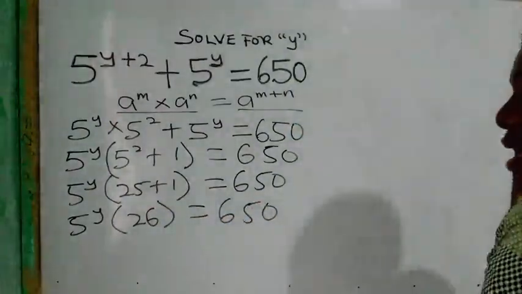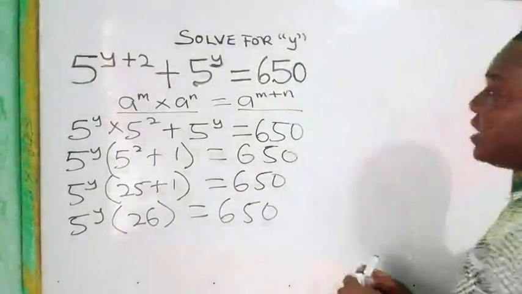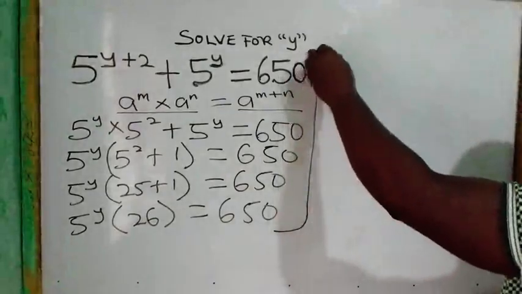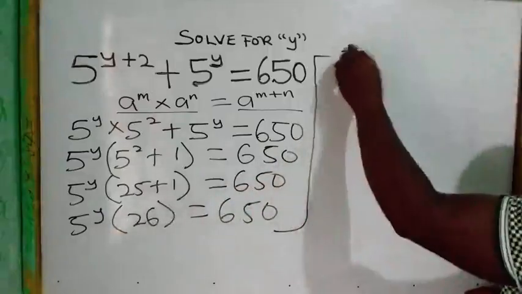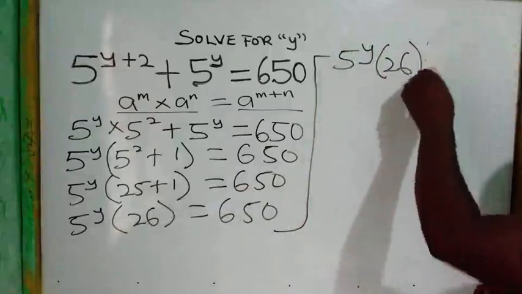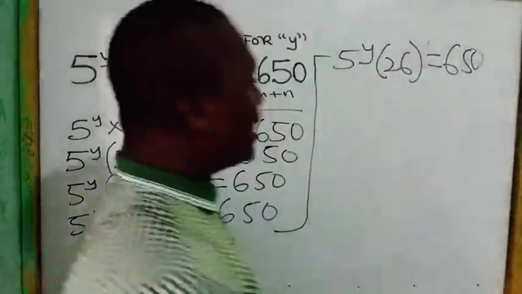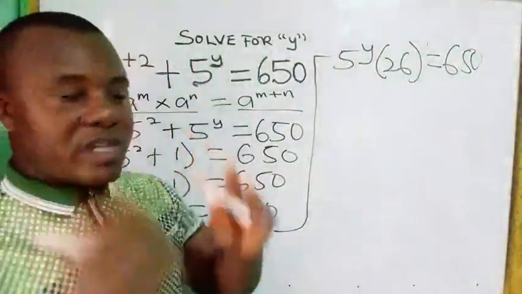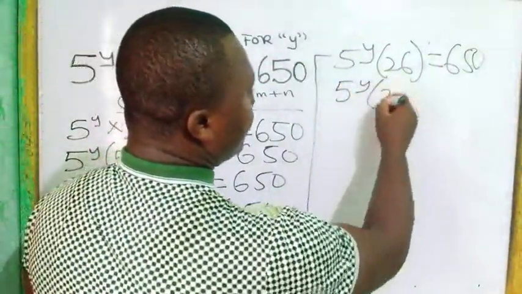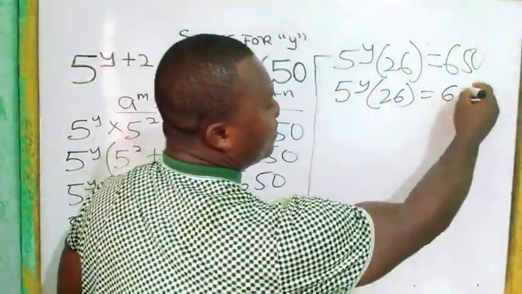So when you get here, let's restate this. We have 5 raised to the power y into bracket 26 equal to 650. All right, so now when you look at it carefully, let's restate it again. 5 raised to the power y into bracket 26 equal to 650.